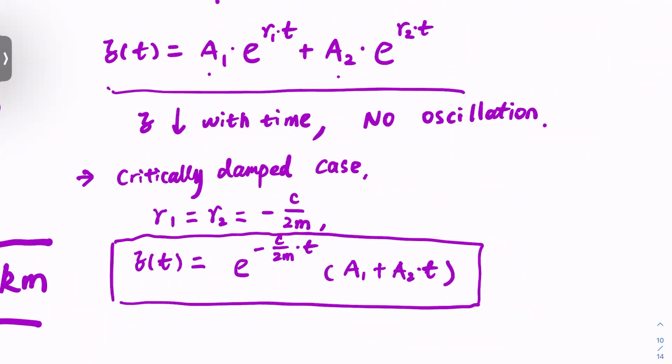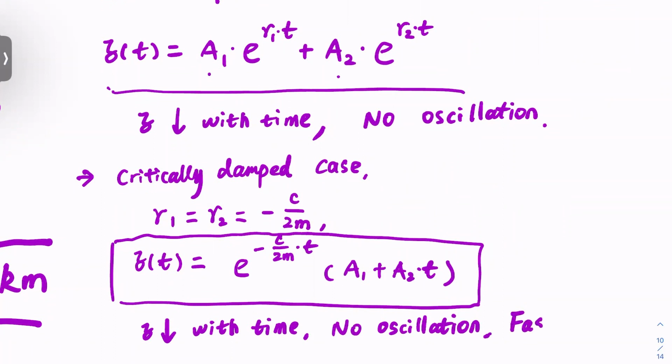So, well, in this case, your z is still gonna decrease with the time. No oscillation. And faster decay compared with the overdamped case.